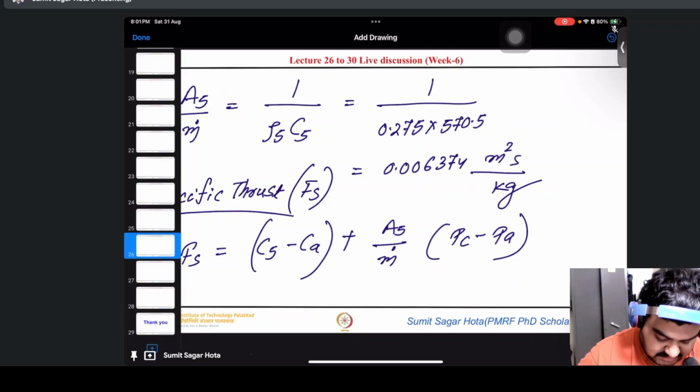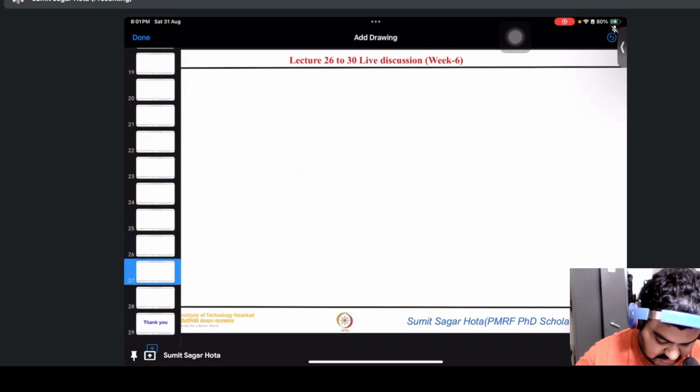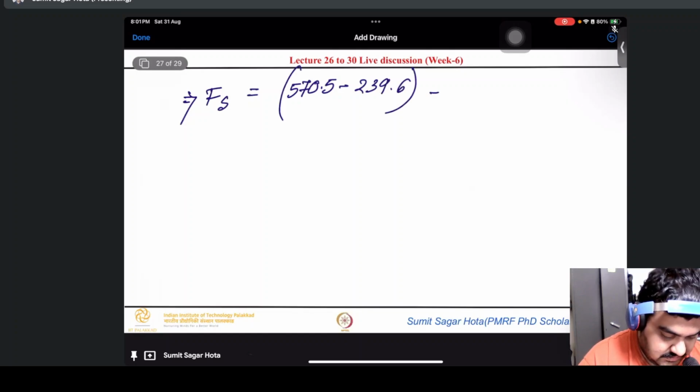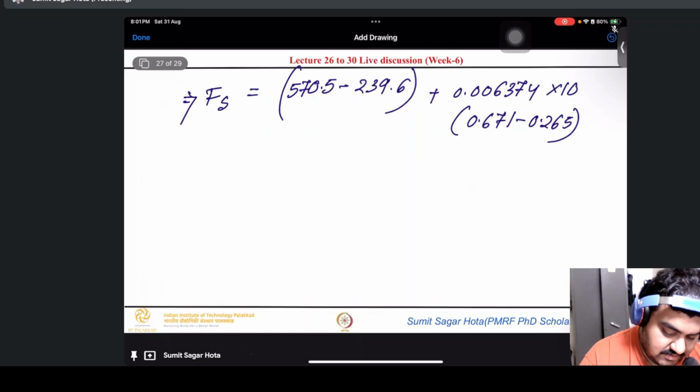We have all these values; substitute and find Fs. 570.5 minus 239.6 plus 0.00634 into 0.671 minus 0.265, this into 10 to the power 5.